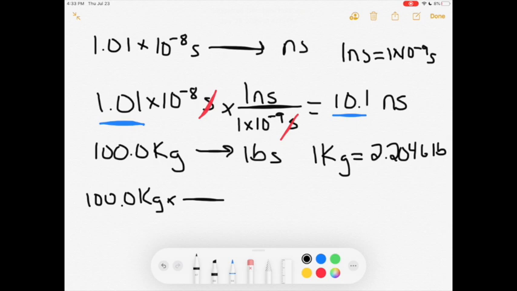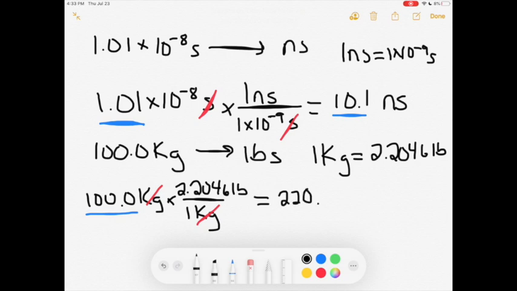Then I put in my conversion factor. I want kilograms to cancel, so I'm going to put that in the bottom, with 2.2046 pounds in the top. Kilograms are going to cancel. I have 4 significant figures here, so I want to end with 4. I'm going to get 220.5 pounds for my answer.